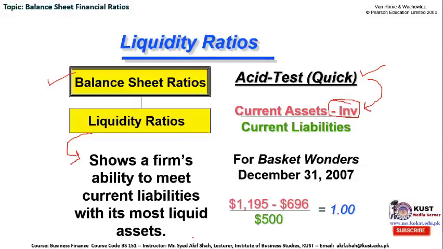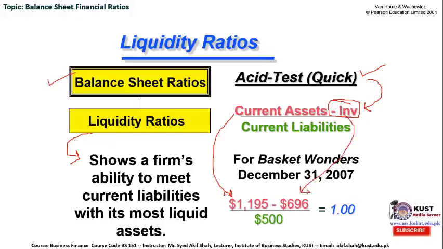As we know, inventory is not a highly liquid asset because it takes time to be transformed into finished goods and then to be sold. Therefore, we have excluded the inventory in our calculation of the asset test ratio. Now, as previously, we can get the current asset data from the given balance sheet and the inventory data from the same December 31st, 2007 balance sheet.